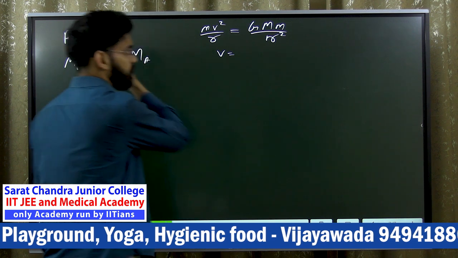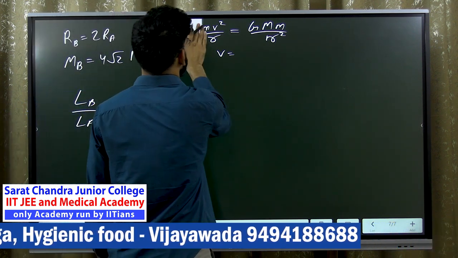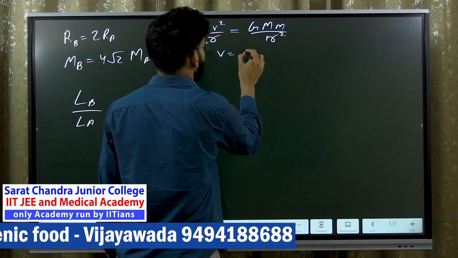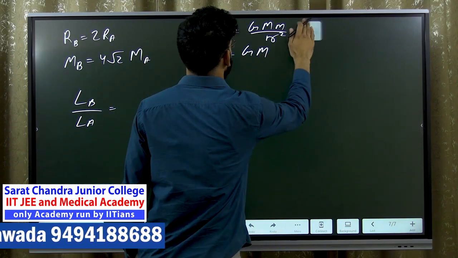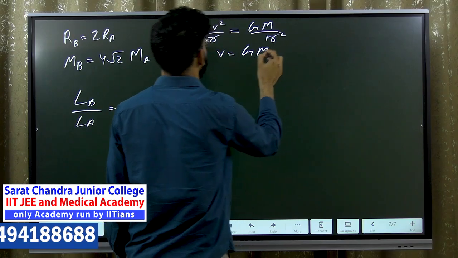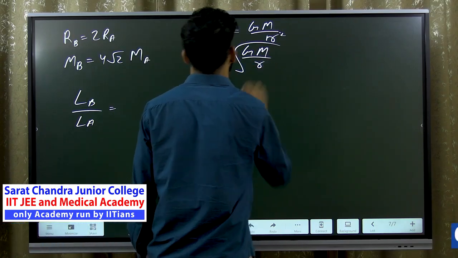So we just have to check the dependence upon the mass. Gm by R under root. Okay.